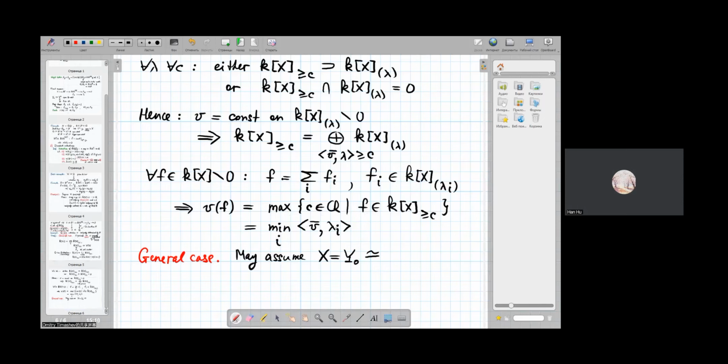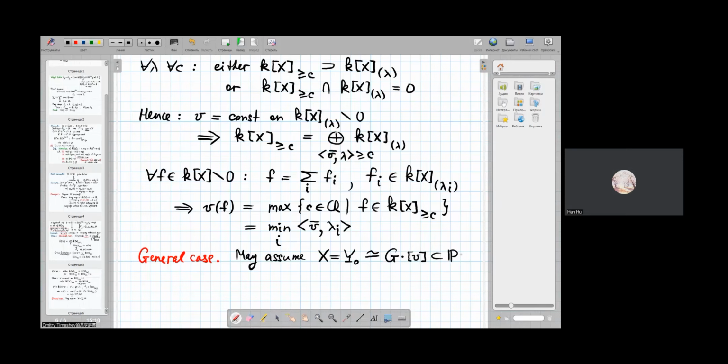Now let me turn to the general case. As I said, in the general case, we may assume that the variety X is just a homogeneous space, and each homogeneous space, as we know by Chevalley's theorem, can be embedded in the projectivization of a linear representation of G as the orbit of some point in this projective space.